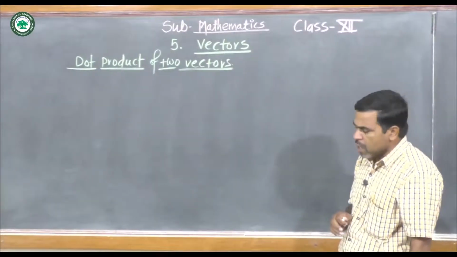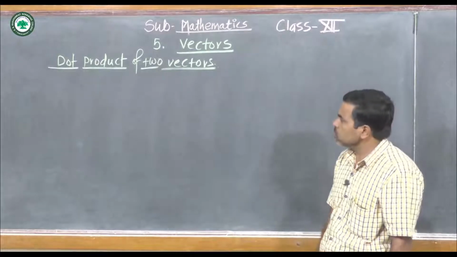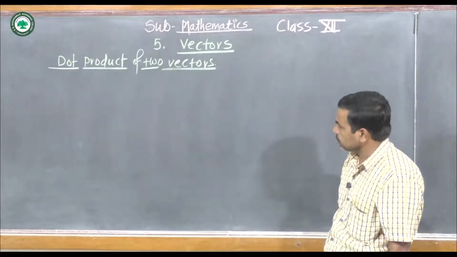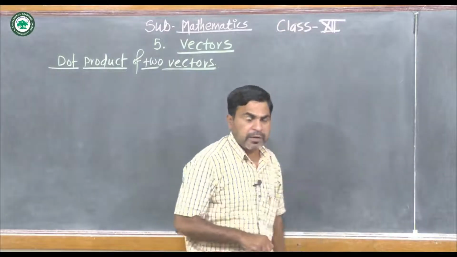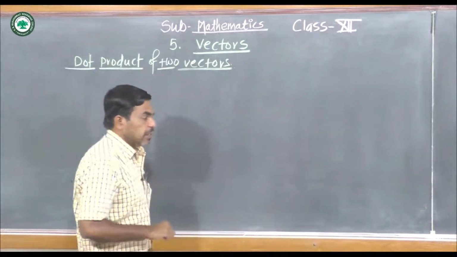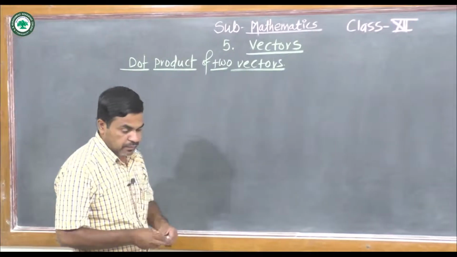Also, we have seen how to find out the angle between any two vectors. Now today we are going to see the examples on dot product of two vectors.